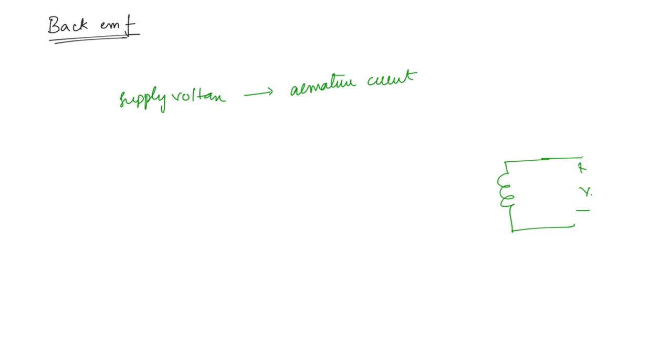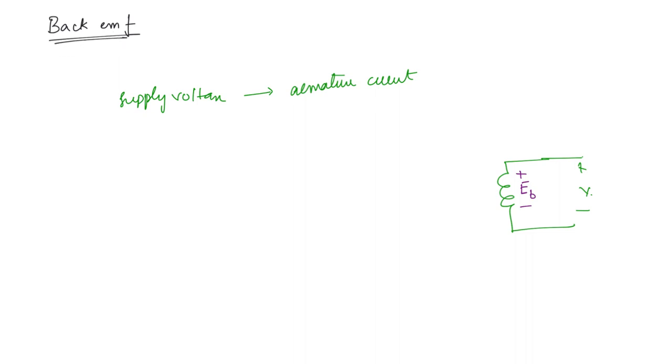So there will be some voltage induced in opposition to this supply voltage, and that induced EMF is what we call the generated voltage. In the generator you write it as EG, in the motor you often write it as EB, calling it the back EMF because this EMF is opposing the supply voltage. That's why the name back EMF.